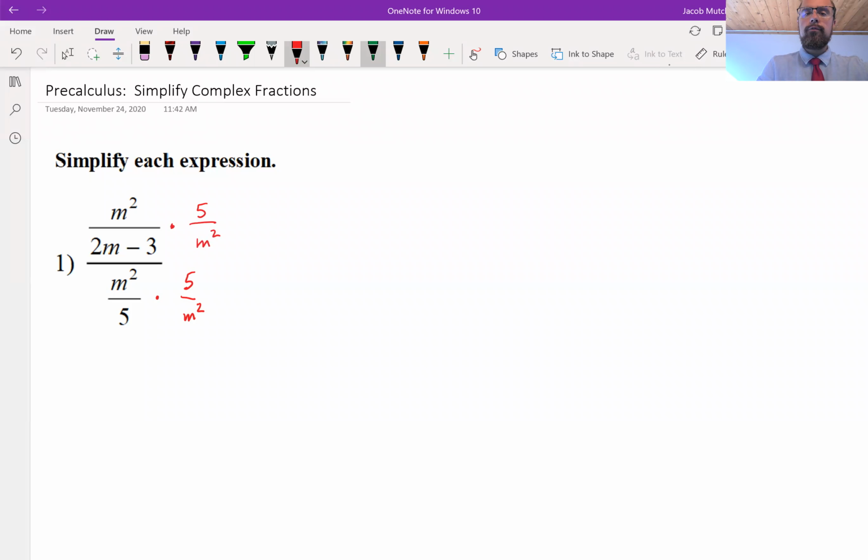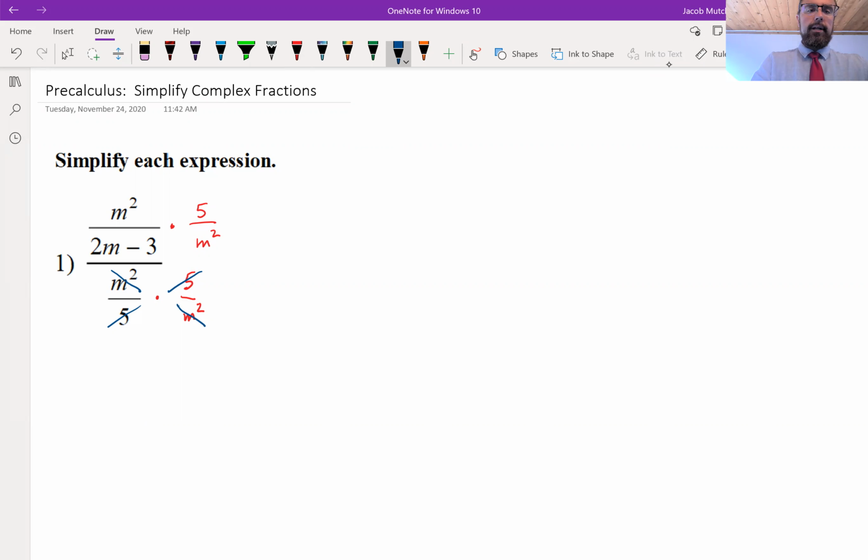That will cancel my denominator entirely. I've got m squared divided by m squared, so that's a 1. I've also got 5 divided by 5, that's also 1. What it leaves me with is: keep the first fraction, change division to multiplication, and change the lower fraction to its reciprocal. Keep change flip.